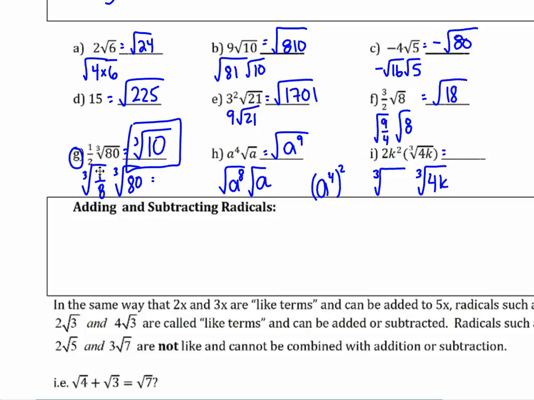Okay, so remember to bring it inside. Raise it to the power of the index. So one way to write this, being very careful, you're raising 2 and k squared to the power of 3. Both of them to the power of 3. This is equivalent to this, because the cubic root cubed, they cancel each other out.